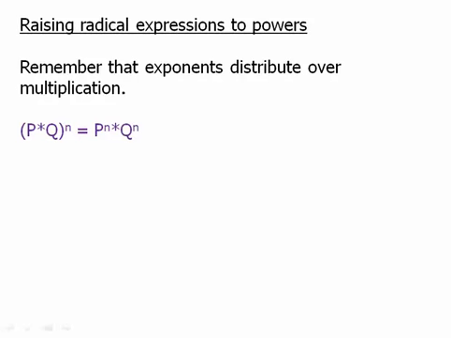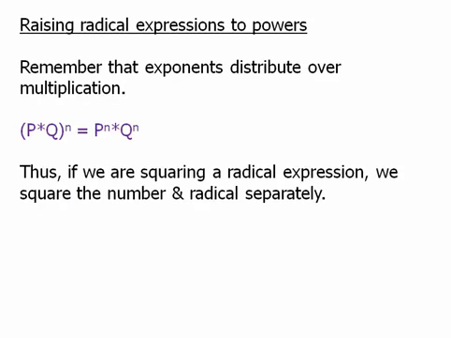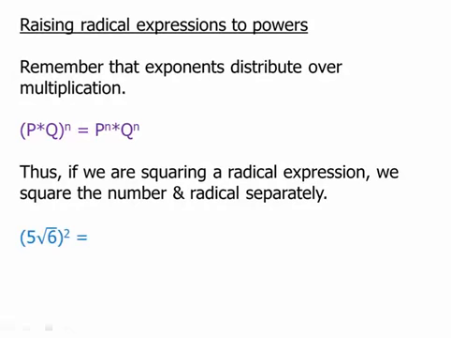Finally, we'll talk about raising radical expressions to powers. Remember that exponents distribute over multiplication. Thus, if we're squaring a radical expression, we can square the number and the radical separately. So if we have 5 root 6 squared, we can just take that exponent of 2 and distribute it to each one of the factors separately.